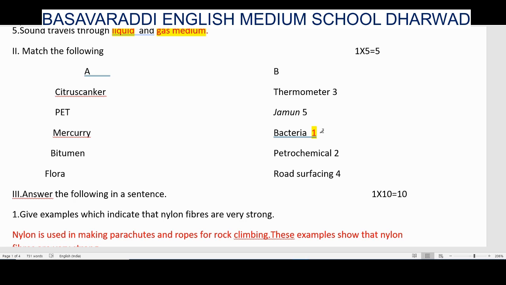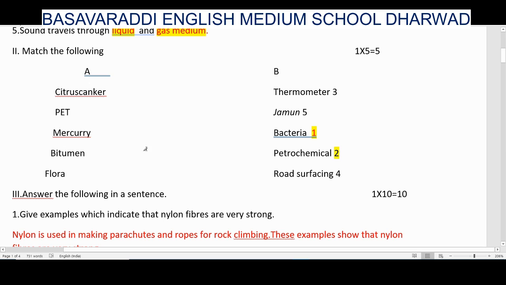PET is polyethylene terephthalate, a type of plastic. It is made up of petrochemicals. Most of the synthetic fibers, like plastics, are formed from petrochemicals.